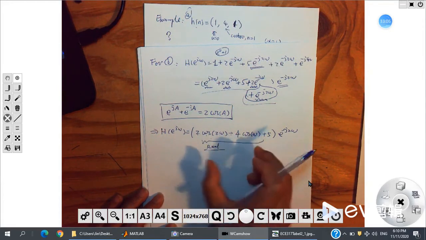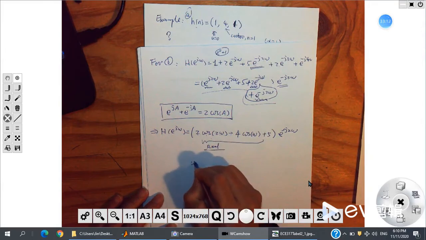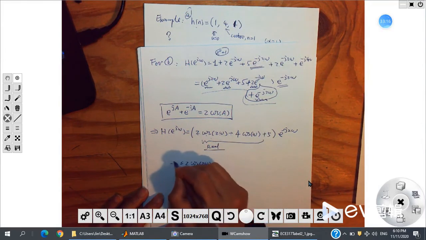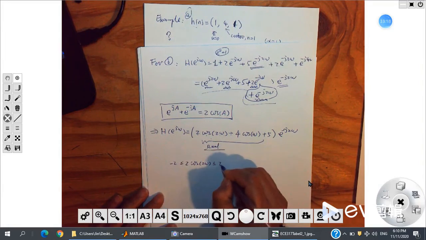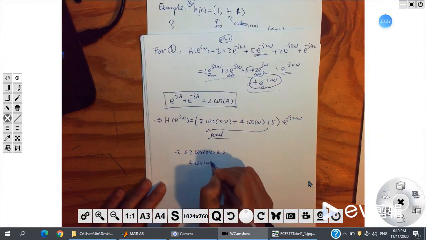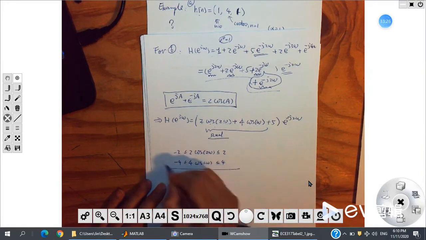So for the summation, right here, cosine 2 omega times 2, there will be between negative 2 and positive 2. And 4 cosine omega, there will be between 4 and negative 4. So you do the summation, you are saying this is negative 6, this is positive 6.